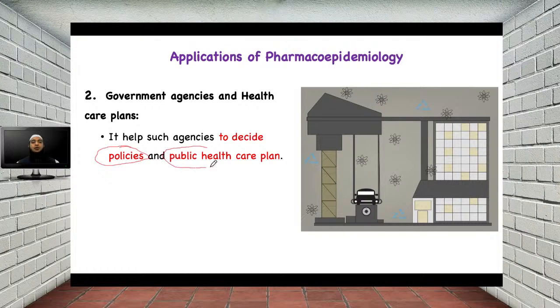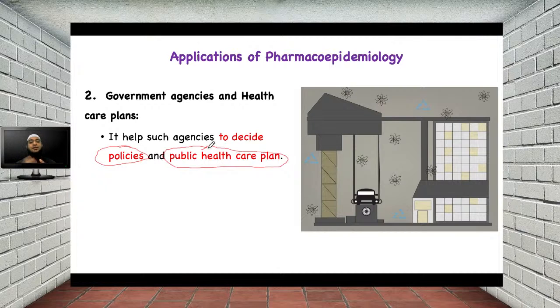When the epidemiological study was done on COVID-19, they identified that the high-risk patients are those with comorbidities, like diabetes, hypertension and cardiovascular disorders, and those patients who are more than 45 years of age.